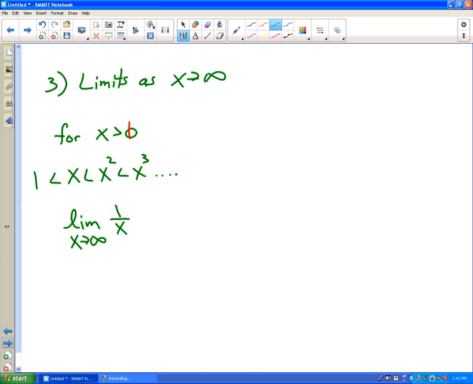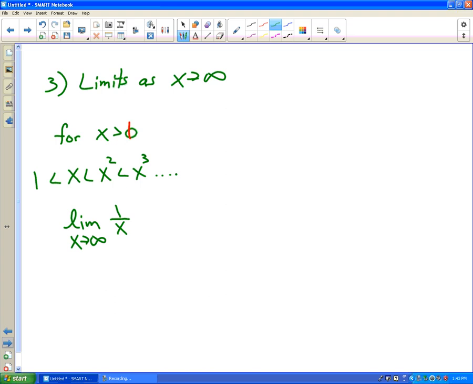So the limit of 1 over x as x approaches infinity. All right. 1 is always going to be smaller than x. So we're going to have a value of 1 that's always smaller than a value that's growing. So I'm going to have 1 over 10, 1 over 1,000, 1 over a million, 1 over 10 million.